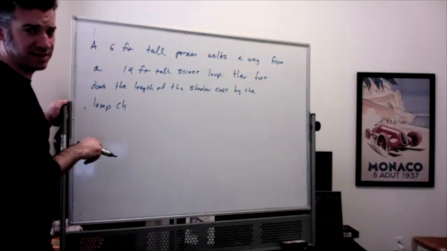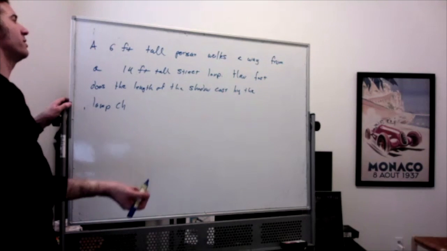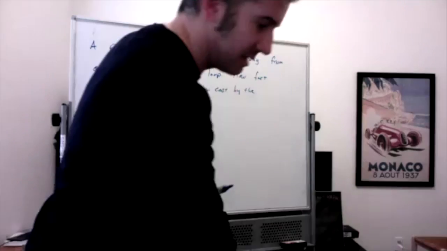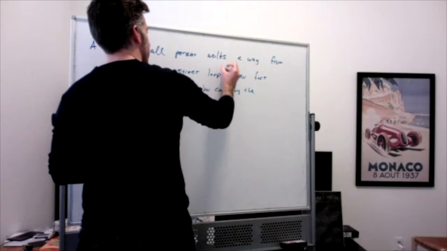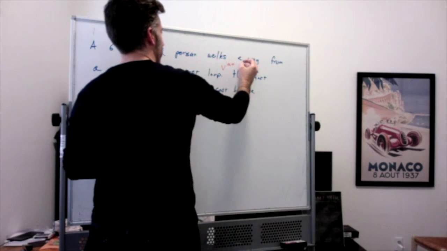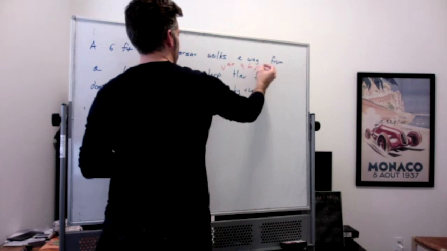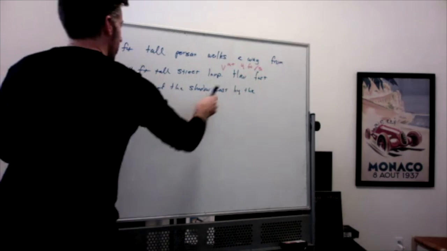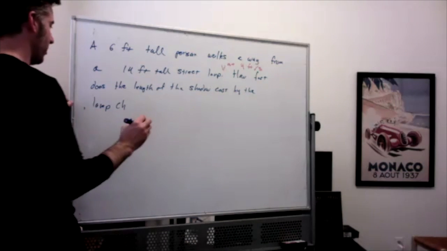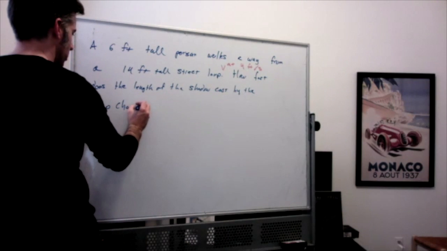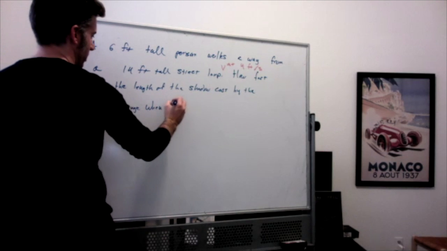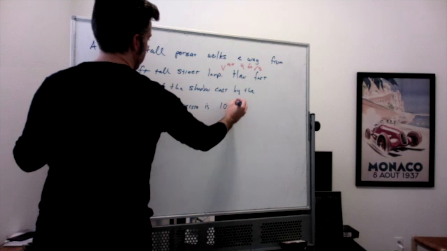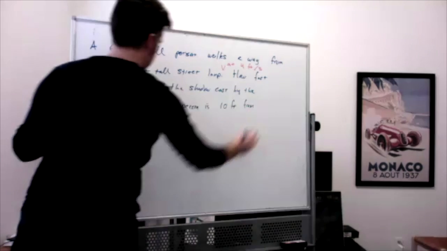Oh, I need to say how fast he's walking, sorry. A 6 foot tall person walks away from a 14-foot tall street lamp at a pace of 4 feet per second. How fast does the length of the shadow cast by the lamp change when the person is 10 feet from the base of the lamp?